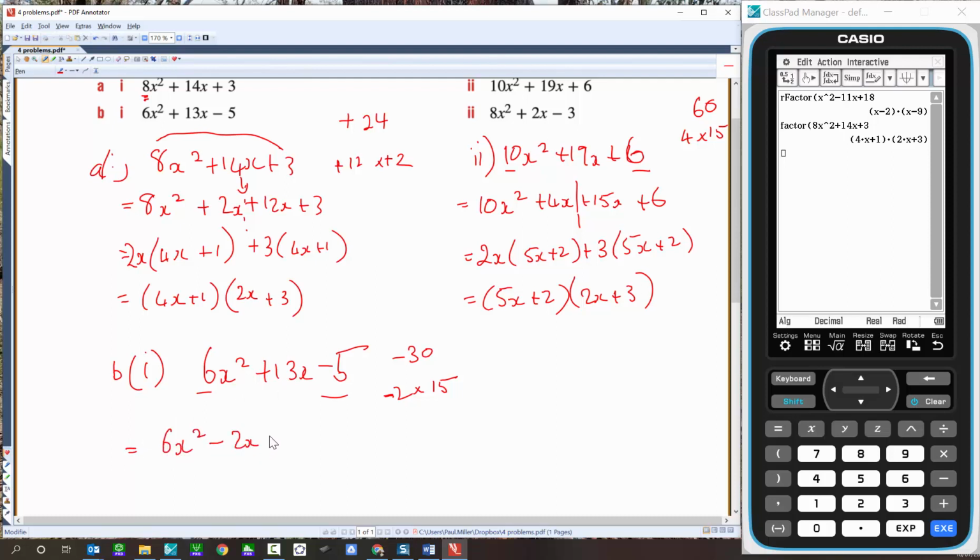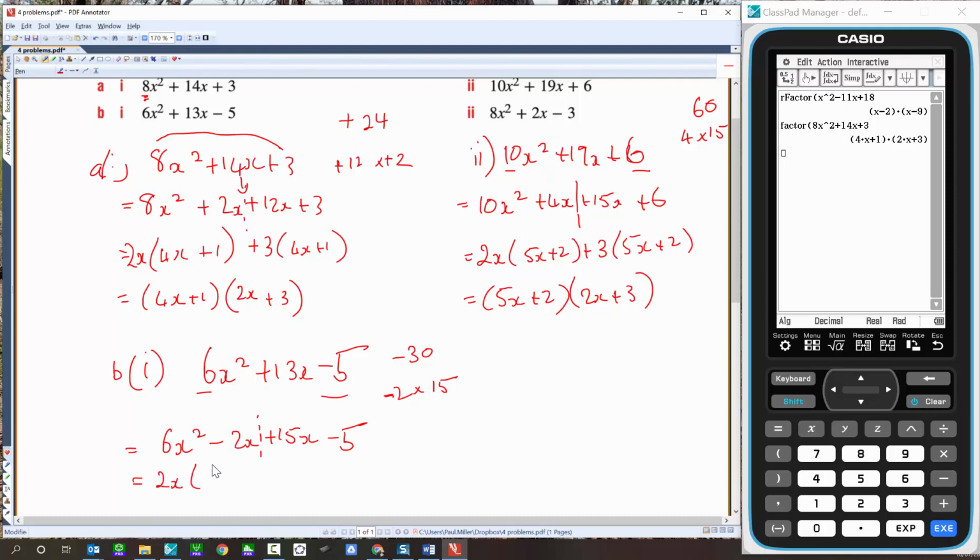Take 2x plus 15x, take 5. So note when I split this middle term, 13x is the same as negative 2x plus 15x, take 5. All right, but doing it that way will allow us to factorize the left and the right and get a repeated factor. Let's see what it is.